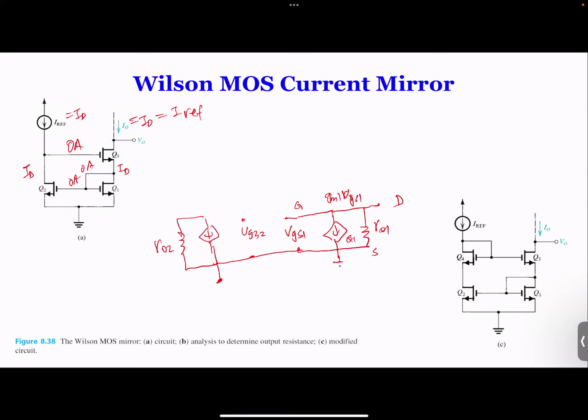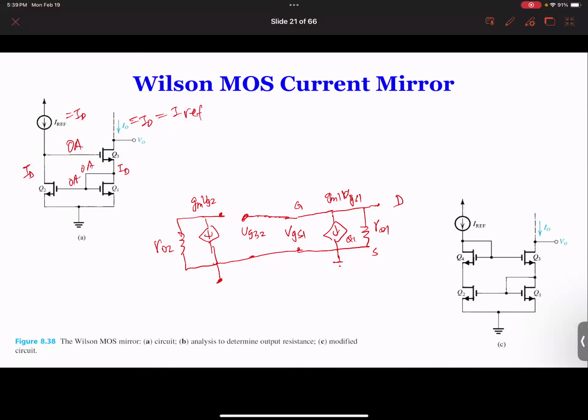And this is GM times VGS2. Okay. So VGS2, and now you see, okay, VGS1 and VGS2 are connected. So here, in the dotted line, they're connected. So I'm just going to connect them.